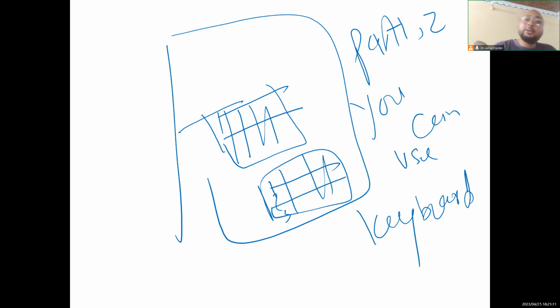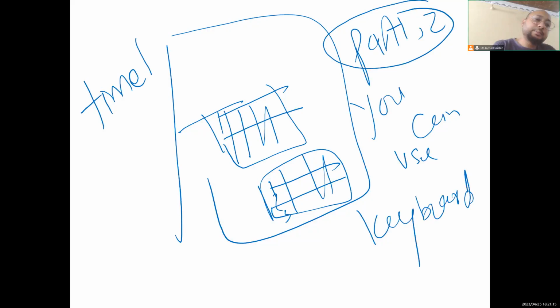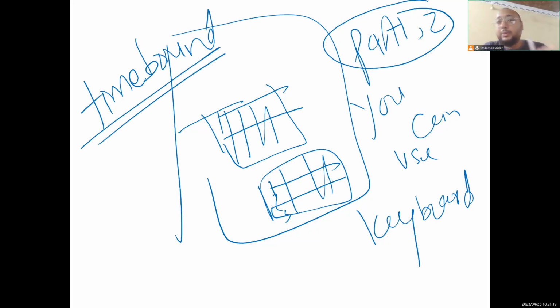Now, of course, this part 1 and 2 would be time bound. I would be giving you time restrictions so that you guys don't have enough time to talk to one another or make some groups or something. Okay, I hope you respect this.